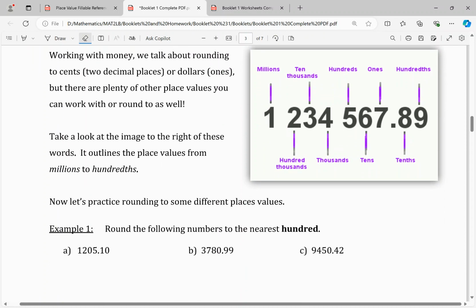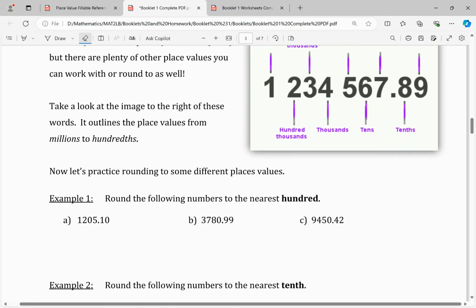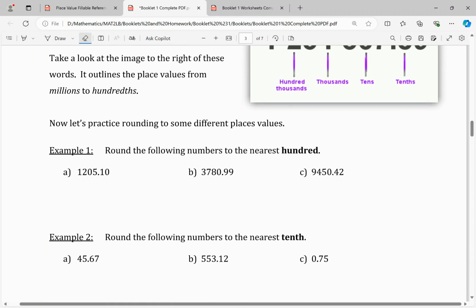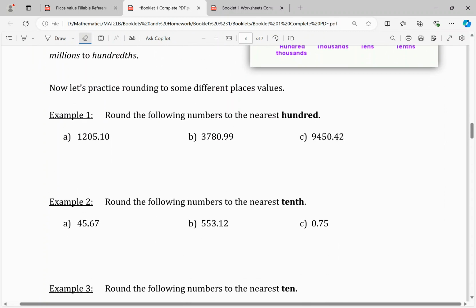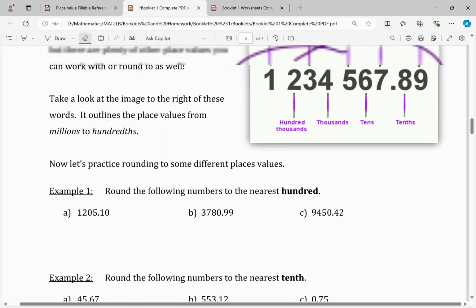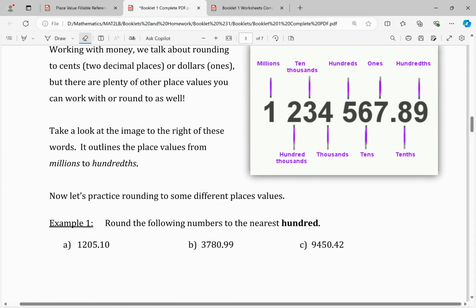You can always reference this image to the right that outlines each of our place values. Let's start with an example. Round the following numbers to the nearest hundred. Now, please be careful. As I said earlier, there is a difference between hundred and hundredth.